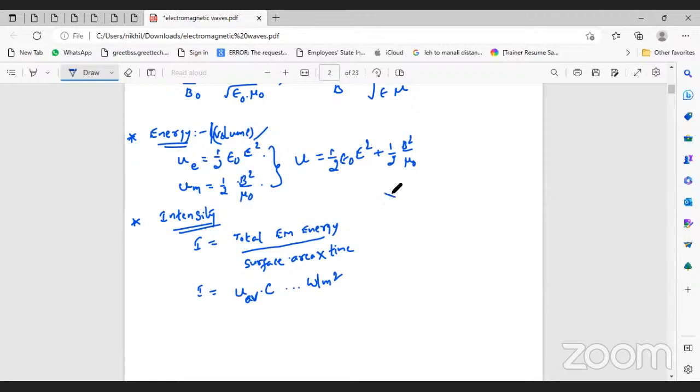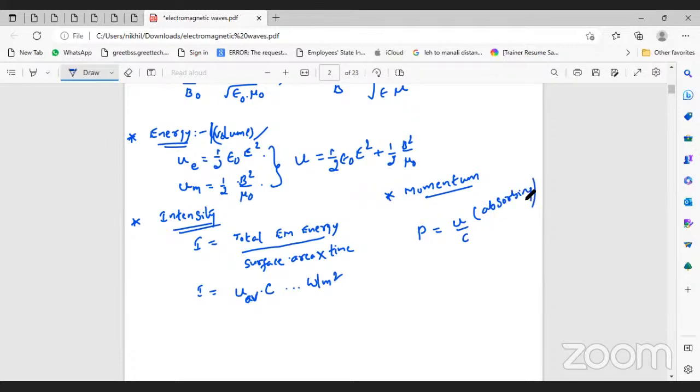Now, coming to the next important property, that is momentum. The electromagnetic wave momentum is given by the formula U divided by C if it is an absorbing surface.